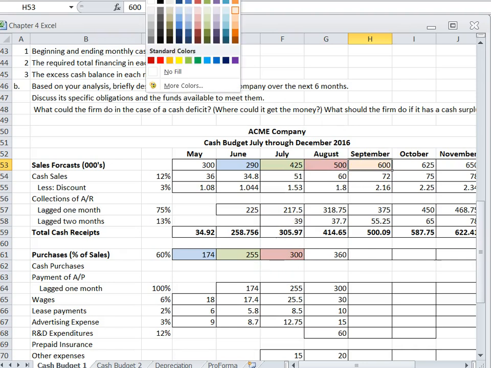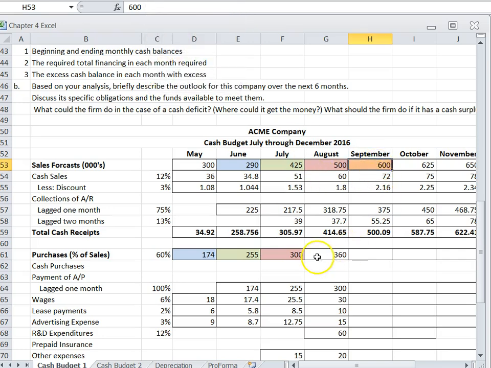So again, in September, I have 600,000. So I'm going to multiply that by 60% to get August's purchases. So there we go. We're taking the sales forecast and bringing 60% of that backwards 1 month.